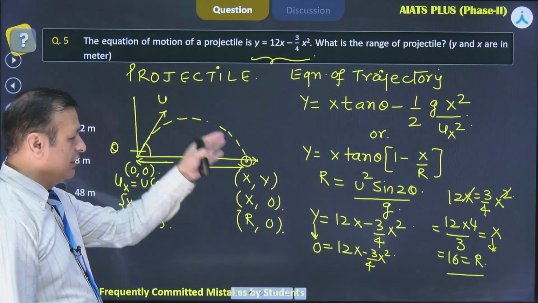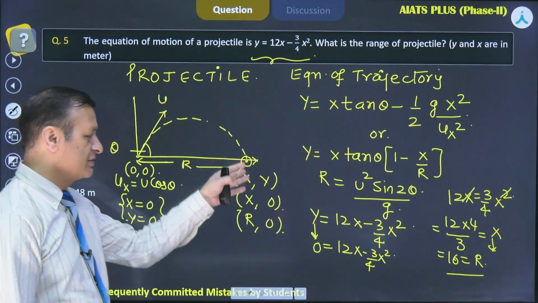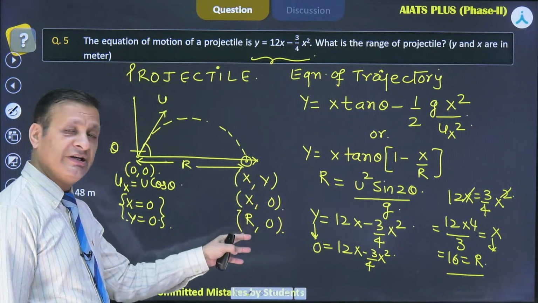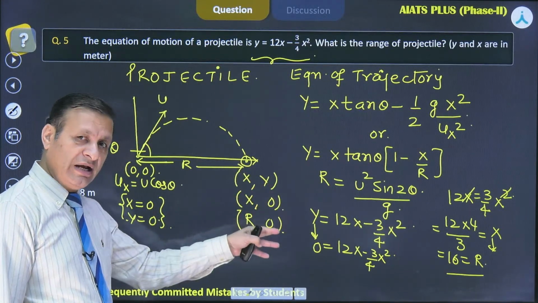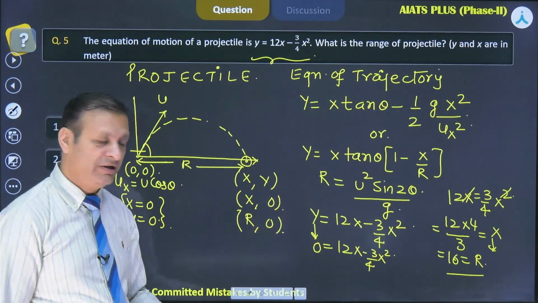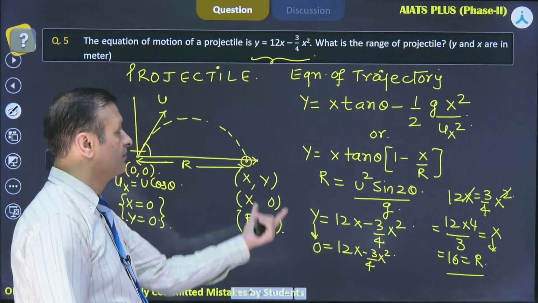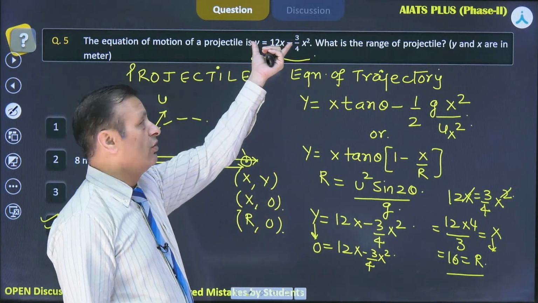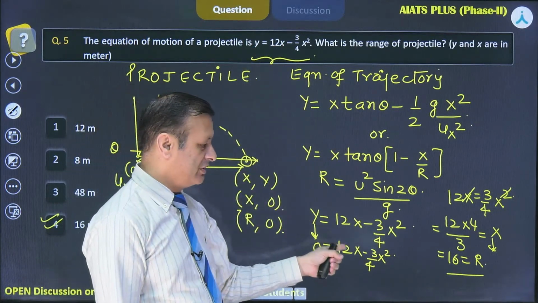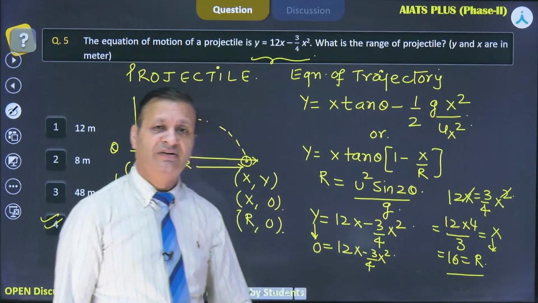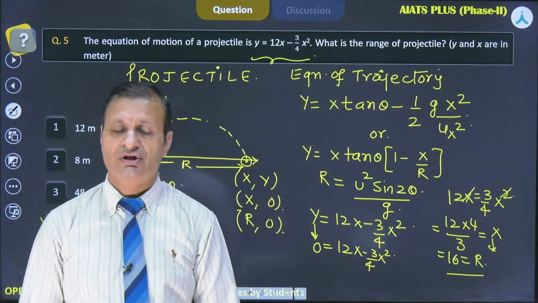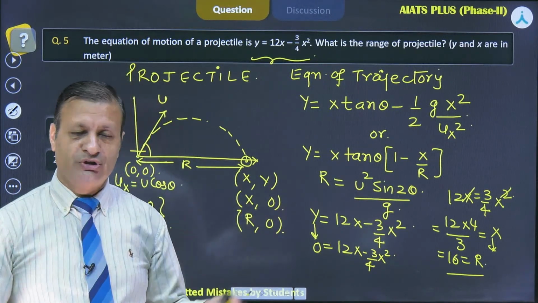Then we understood what the point of landing means: it has two coordinates, the x coordinate is known as range, and the value of y is 0. Putting y equal to 0 in the given equation, we got the value of x, that is your range, as 16 meters. So I hope we got this situation.